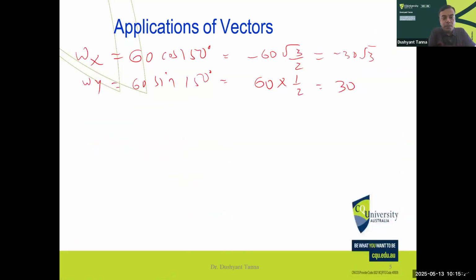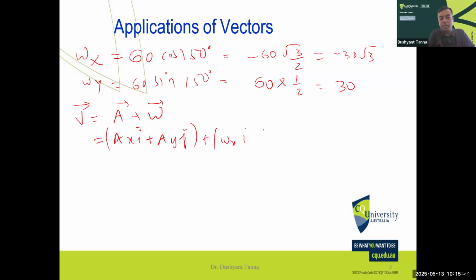So let's first talk about the velocity vector v, which combines the aeroplane's actual speed and the wind speed. So this is axi plus ayj, and this is wxi plus wyj.